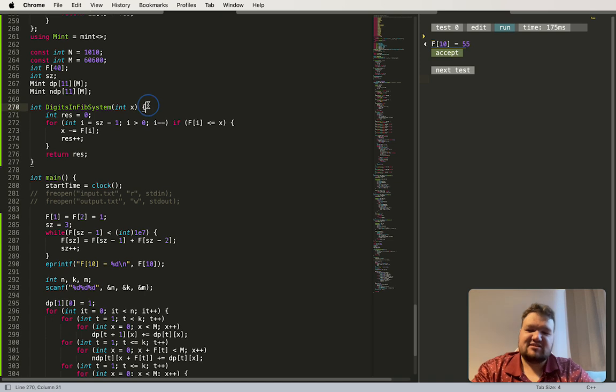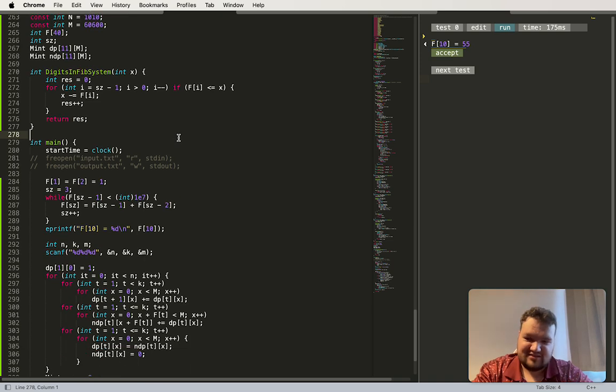So to find the representation with the smallest number of chips, it's the greedy one. If we want to represent number x, we just find the largest Fibonacci number that still fits in x and put one chip there, basically. I will not prove right now that it is optimal by the number of digits. Let's say that it's well known.